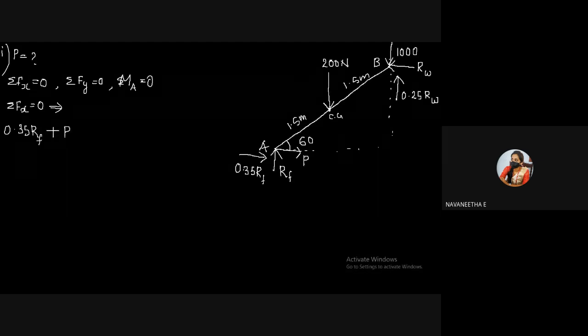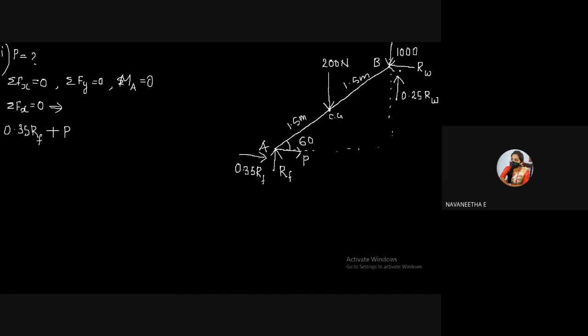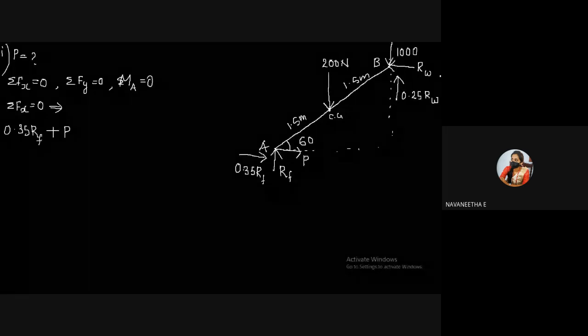In the center, there are no forces acting between point A and point B. So we can consider point B at last. At point B, RW is the only force acting in the horizontal direction. It is acting in the left hand direction, so it is obviously negative.